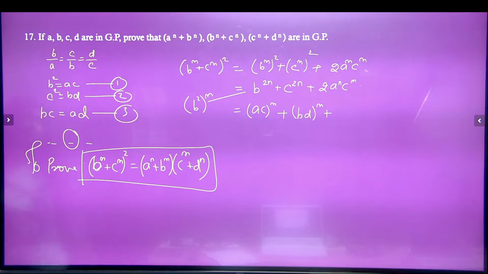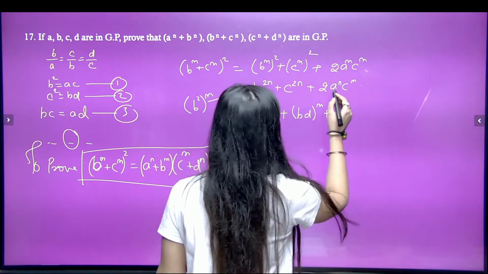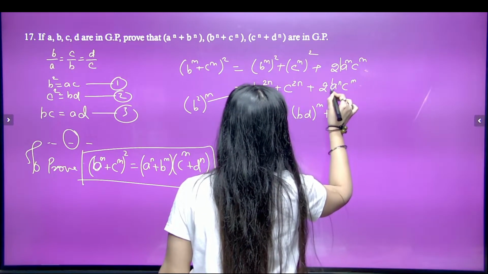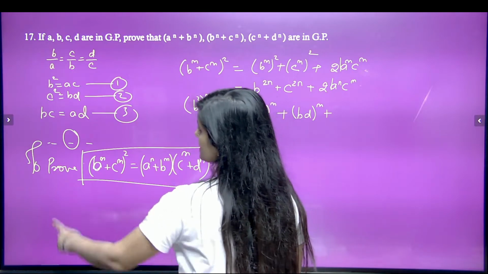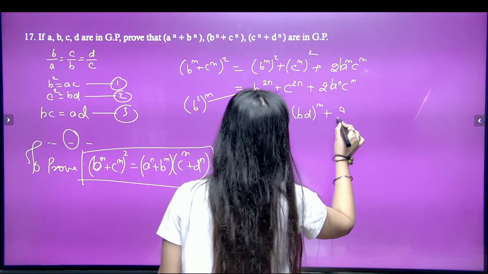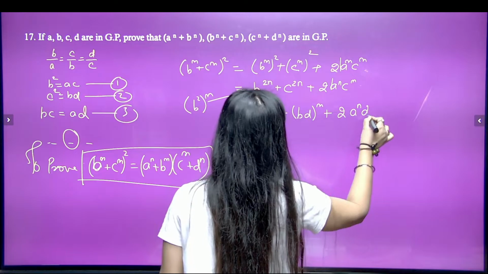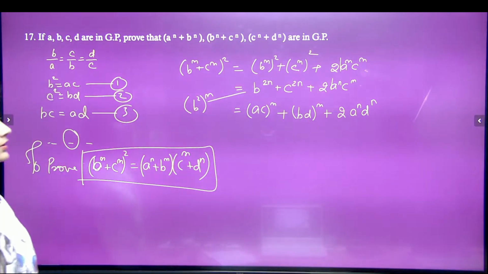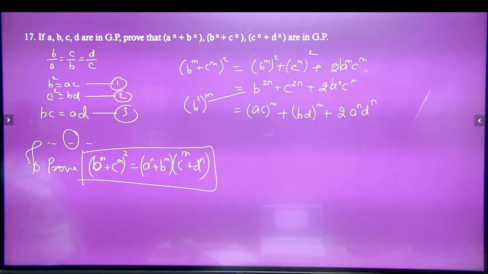So bc is nothing but ad. So I am writing 2 into ad to the power n. Okay, that's all we have.